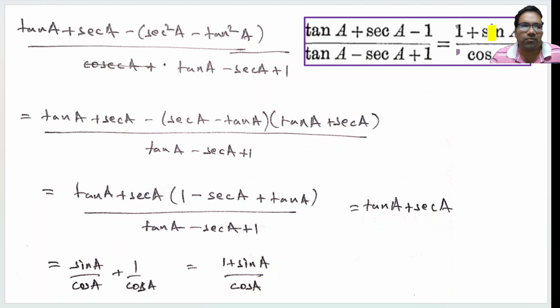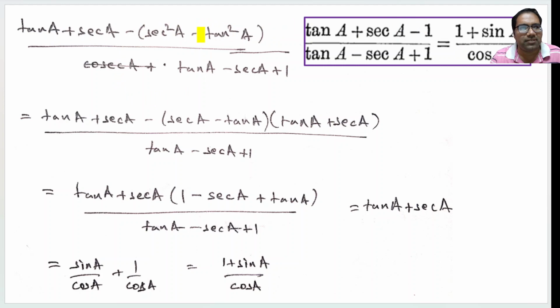So let's try to eliminate the denominator. How do we eliminate it? There is this 1, right? Let's write this 1 as sec^2 a minus tan^2 a, the Pythagorean identity. Sec^2 a minus tan^2 a equals 1, like sin^2 a plus cos^2 a equals 1.